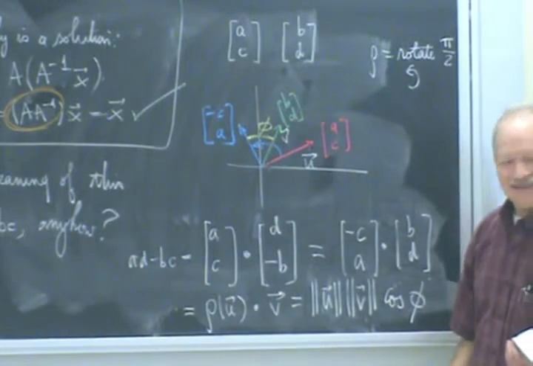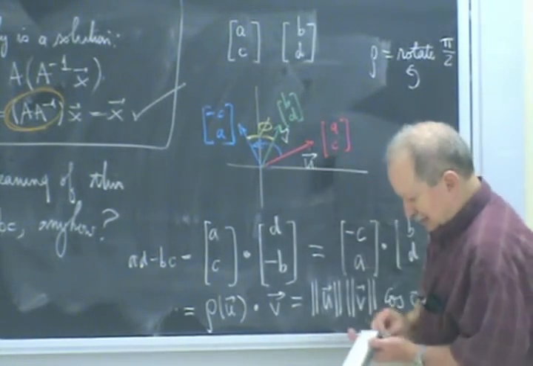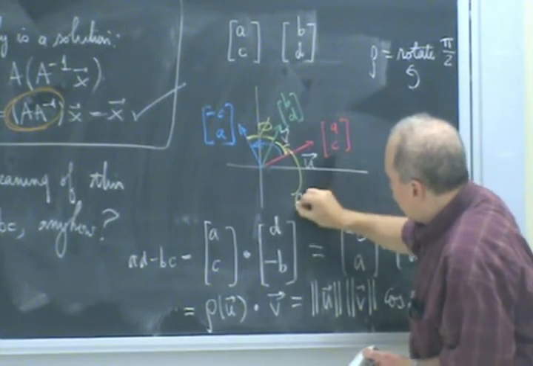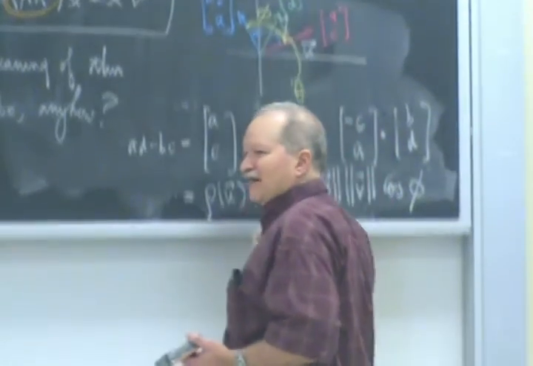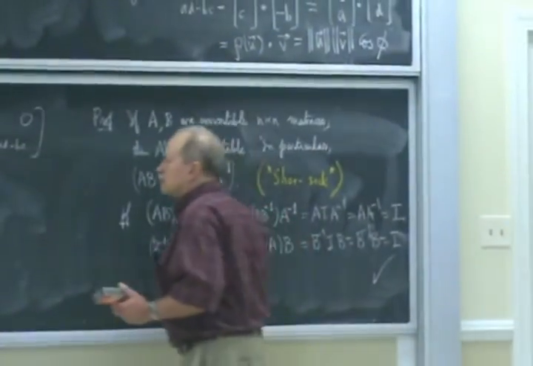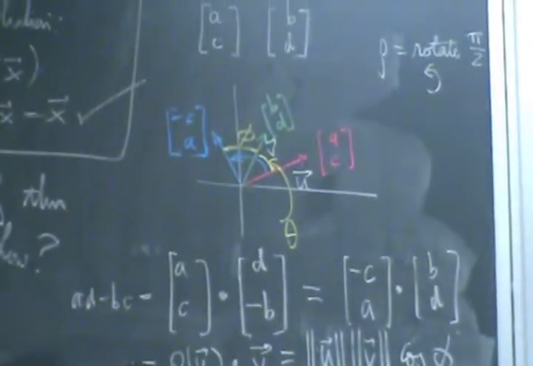What's cosine phi the same as? Cosine of 90 minus theta, which is sine of theta. So if I put theta in there, I'd have sine of theta.